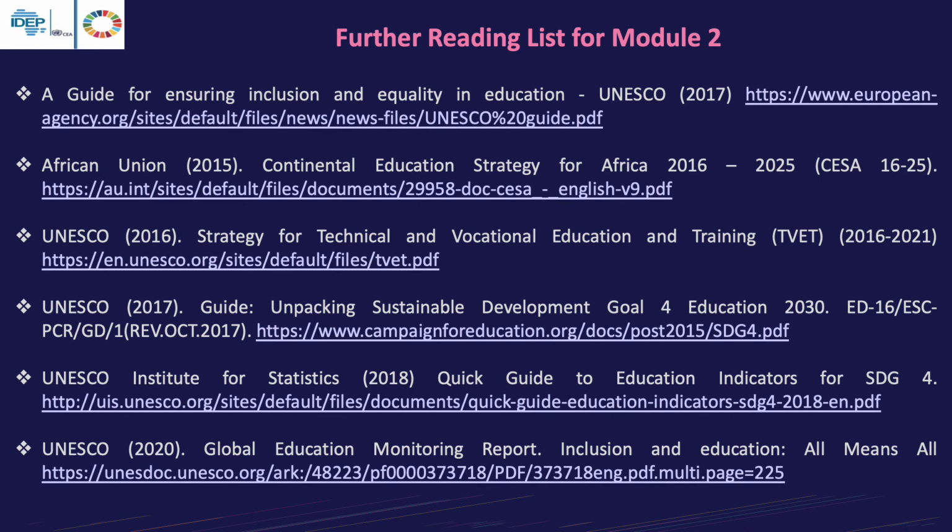This monitoring report is very important so that you understand how we can ensure inclusion in education, especially for young people, for children, and how this can be monitored and reported.